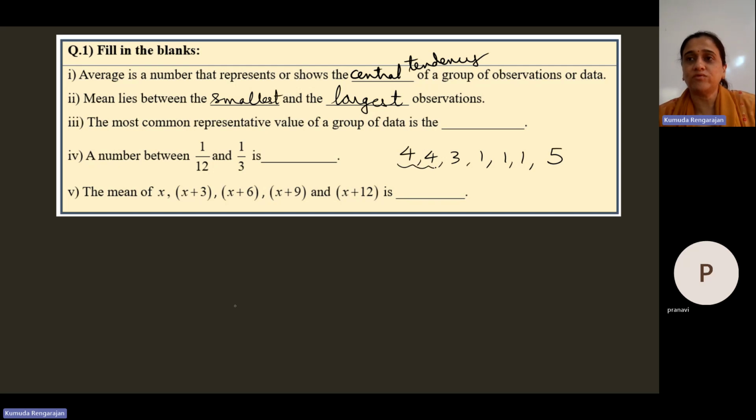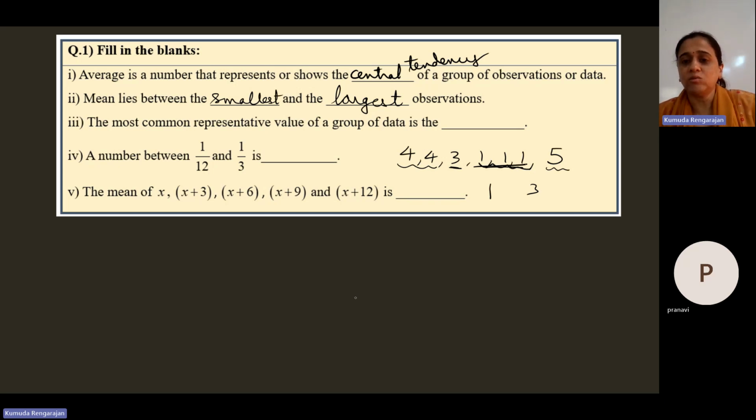What is the frequency of 4? 2 times. What's the frequency of 3? 1. What's the frequency of 1? 3. And what's the frequency of 5? 1. So which value has the highest frequency? 1 has the highest frequency; it comes 3 times. That value which has the highest frequency is called the mode of the data.